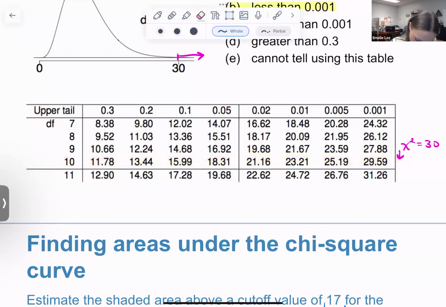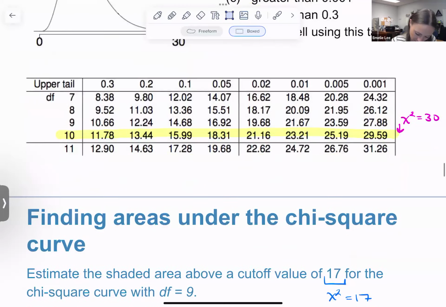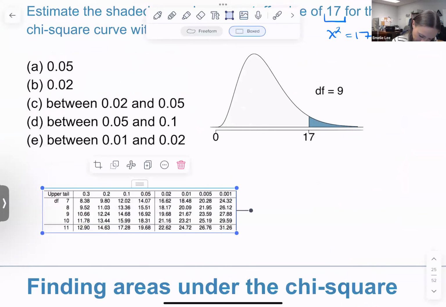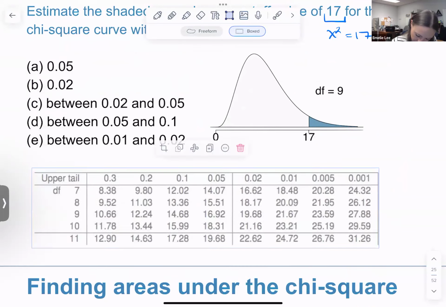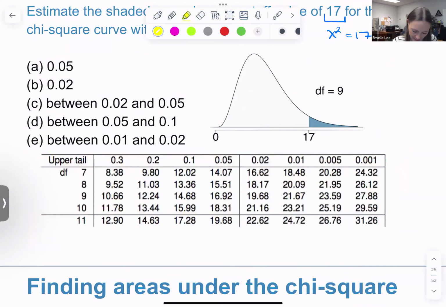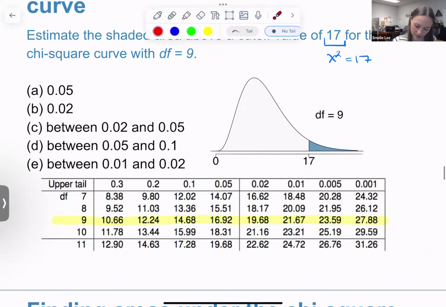To keep it clean, just delete that temporarily. Put it back. So now I have 9 degrees of freedom, and I'm trying to place 17 on this line, right? 17 is going to fall, and of course the chi-squareds are all increasing as I move across, right? That's the same as before.